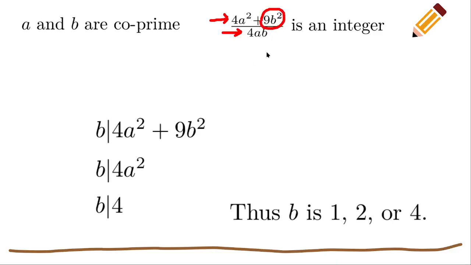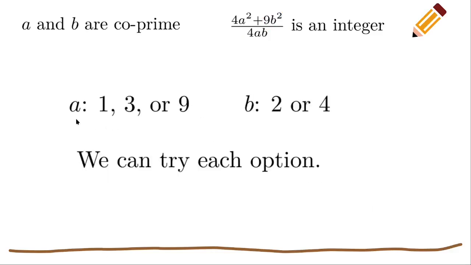But in order for 9b squared to be even, that means b has to be even. And if b is even, that rules out 1. b cannot be 1. Which leaves us with only 2 options for b. To summarize, a can be 1, 3, or 9, and b can be 2 or 4.